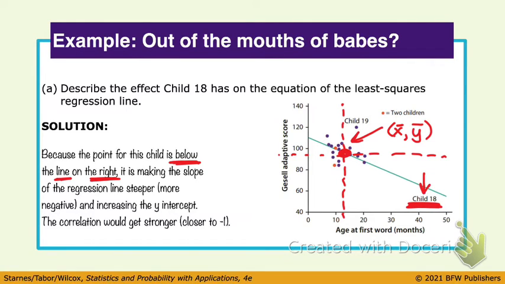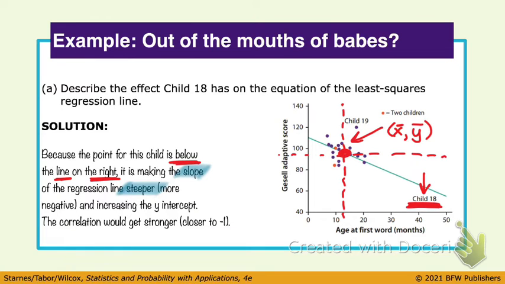So that child's kind of pulling down on that line. So what that does is it makes the slope steeper, meaning more negative. Okay, so the slope is going to be steeper because that child's pulling down on that line, if you kind of think of it that way.